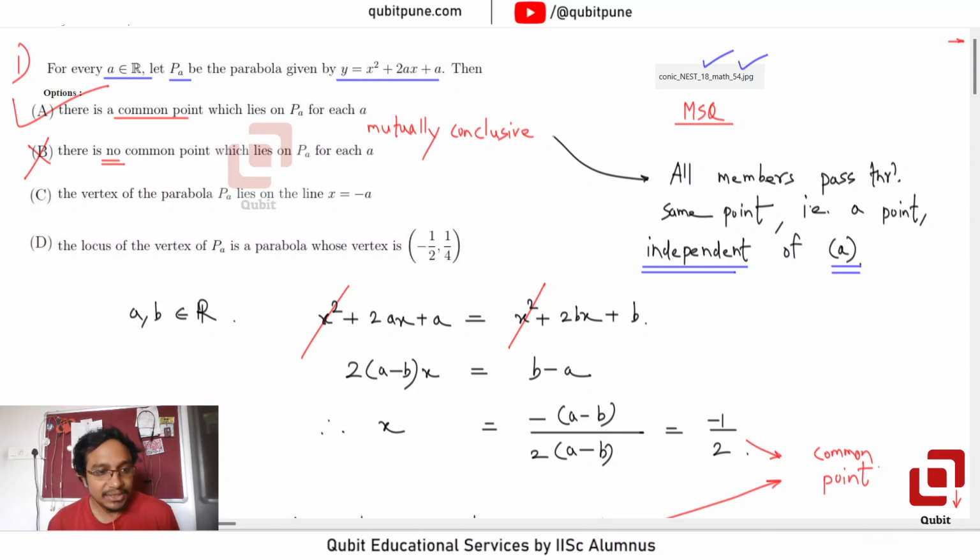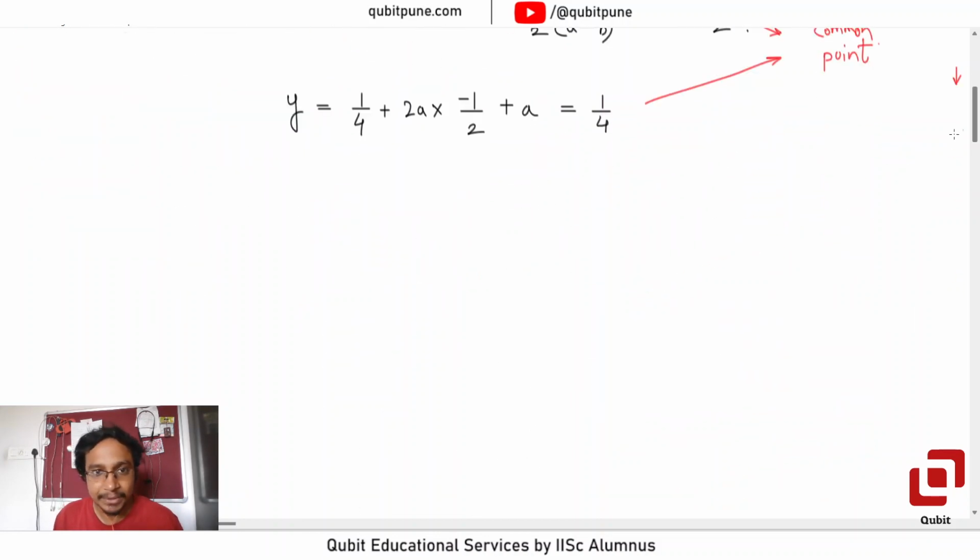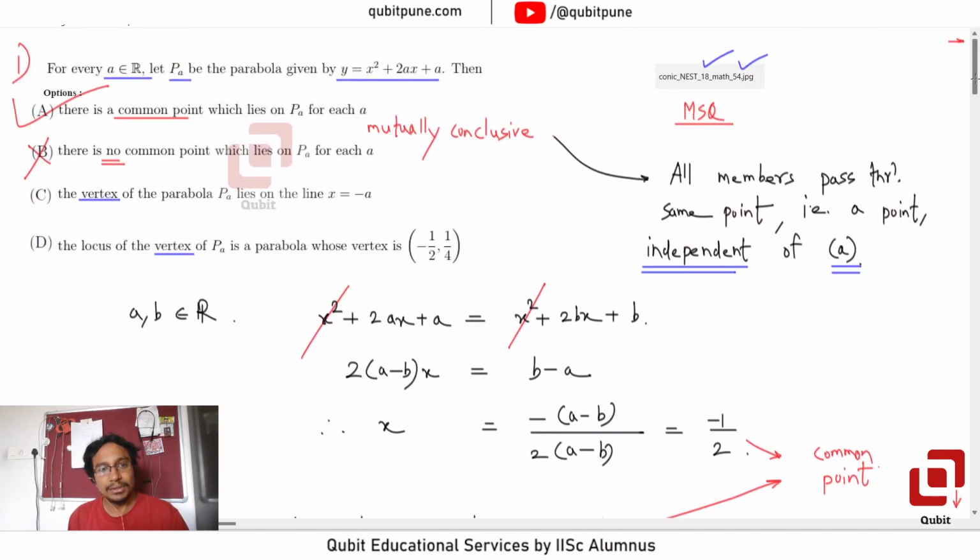Acha. Now options C and D, although not exclusive, both of them are concerned with the vertex of the parabola. So let's now focus on option C. To decide whether it is right or wrong, we need to express the equation of the parabola in such a form that we can determine its vertex.